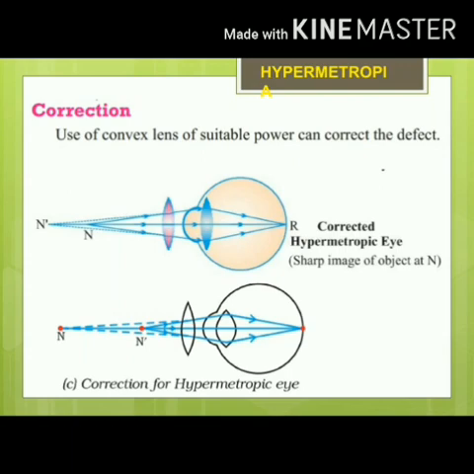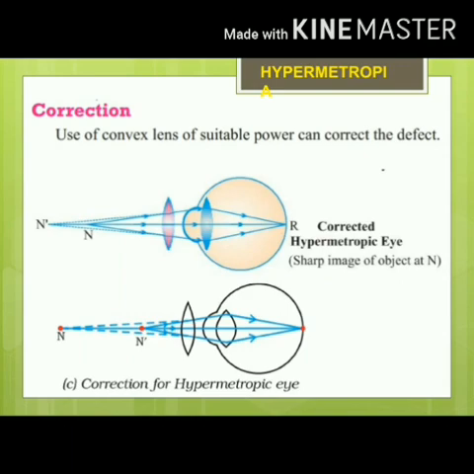Now here, for the correction, what we have to do is use such a lens in such a way that the object which is nearer needs to form a virtual image farther away, which is the changed near point. Beyond that, your image should be there.